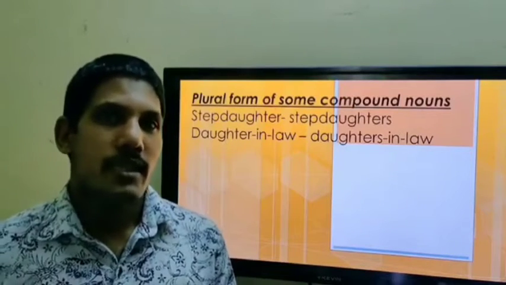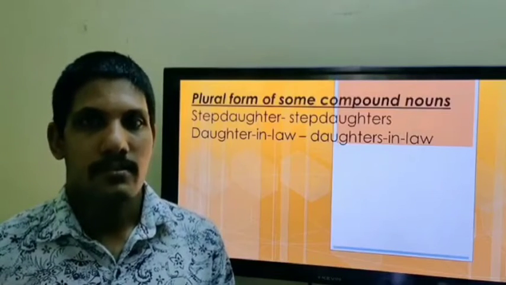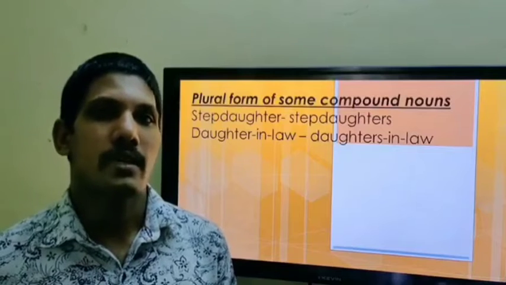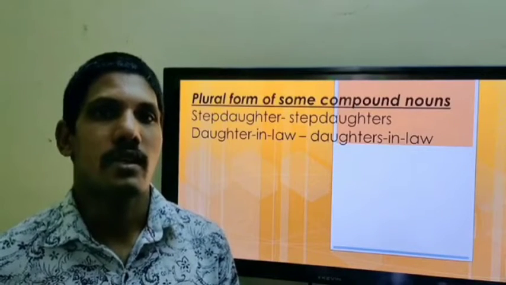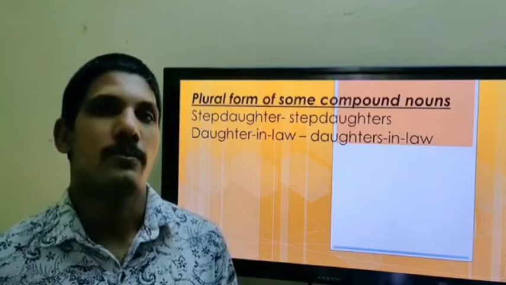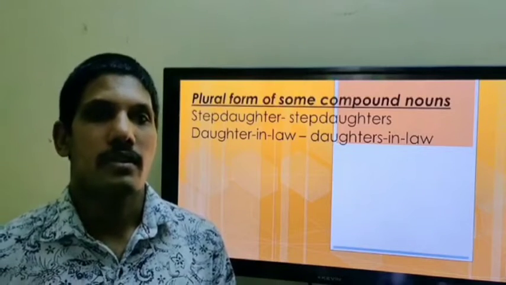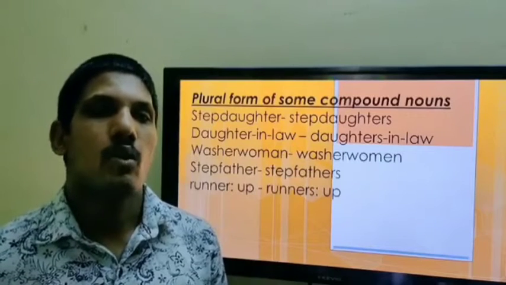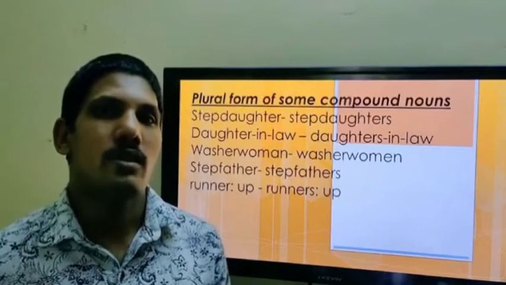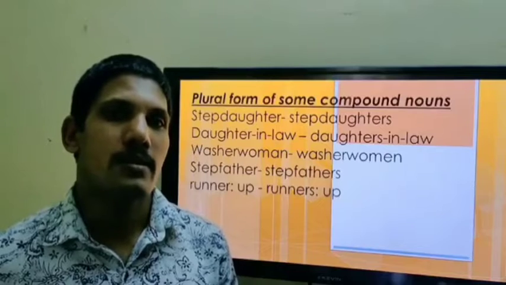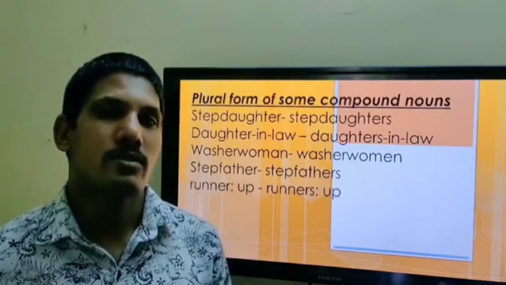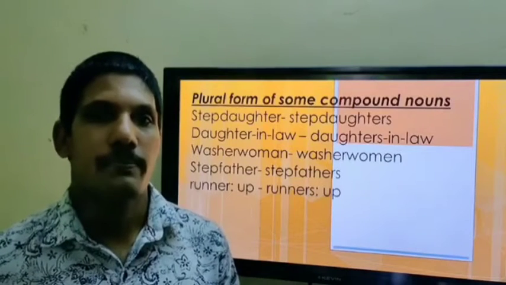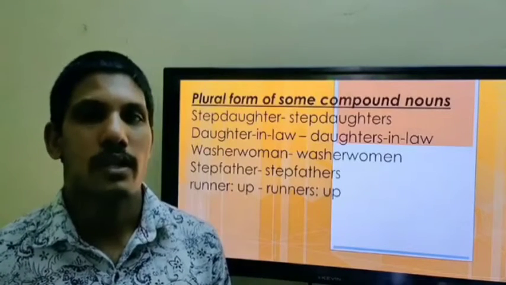As you can see in both the cases, the daughter, which is the main noun, changes into its plural form. That is why we see that washerwoman becomes washerwomen, stepfather becomes stepfathers, and runner-up becomes runners-up.